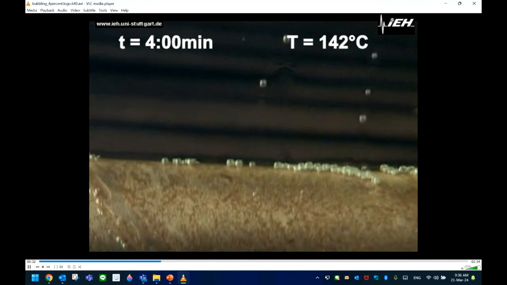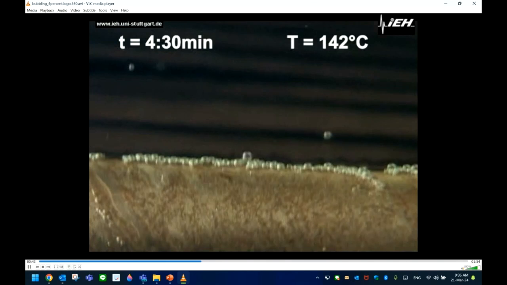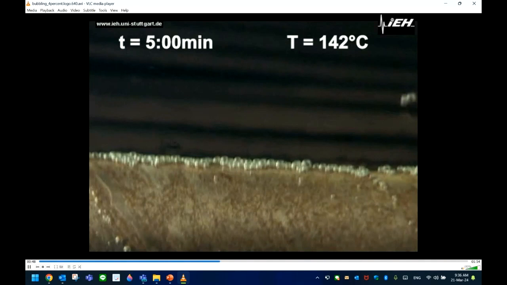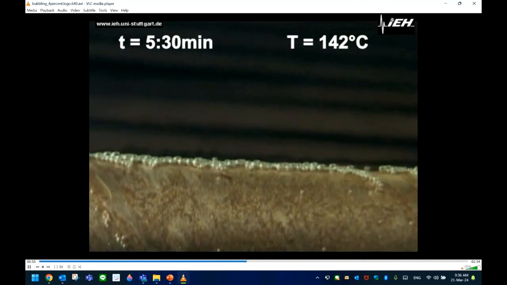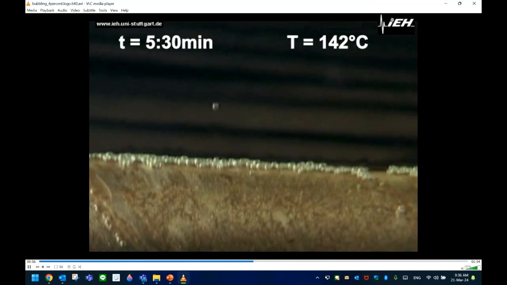It will come out in the form of this kind of bubble. And if there are many bubbles, such as here, where the temperature is 142 degrees Celsius, it also can create some discharge inside those bubbles, or maybe PD. Okay, this is the example.